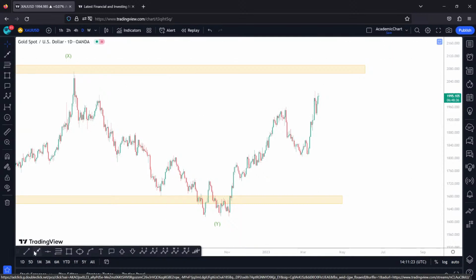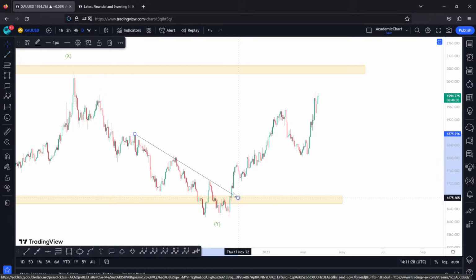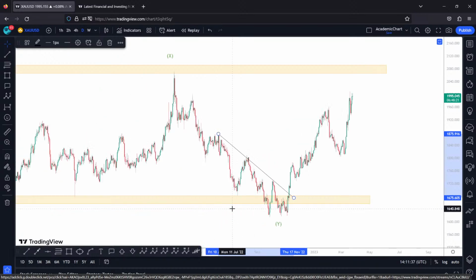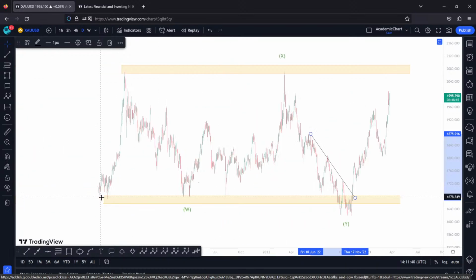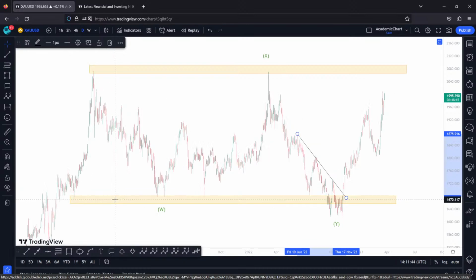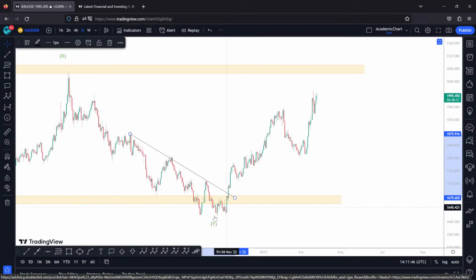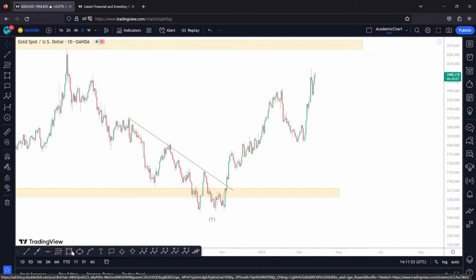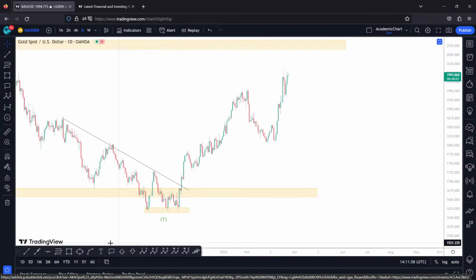So coming back to where we were talking about our update, we know that this corrective structure, which was our ABC, actually created a triple bottom here, also a little bit expanded, because this is a very important support zone, some sort of three times fake outs, or I don't know, but we know that it created another daily support zone just a little bit underneath it, but it created a triple bottom, as we can see.